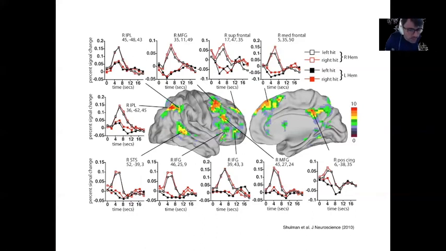And this happens whether you have to detect something happening in the left, in black, or in the right, in red, as in the caption on the top right. The comparison you can see in the chart is the activation for detection in the left hemifield in black and the right hemifield in red.